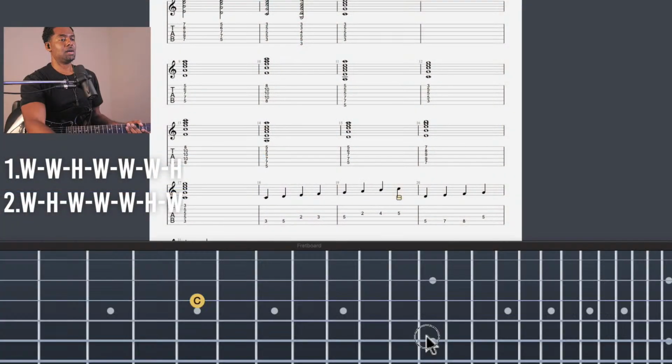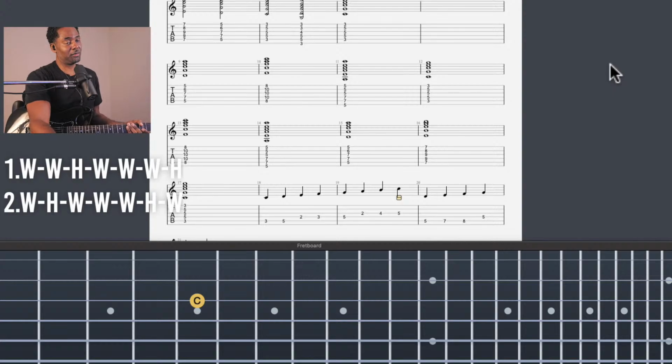Now, let me show you one more chart, and it's reinforcing what I just said pretty much. And I have it here, to be quite honest. So sort of a cheat sheet. The first intervals I've already told you is 2 W's, 1 H, 3 W's, 1 H. So whole step, half step, whole step, half step.